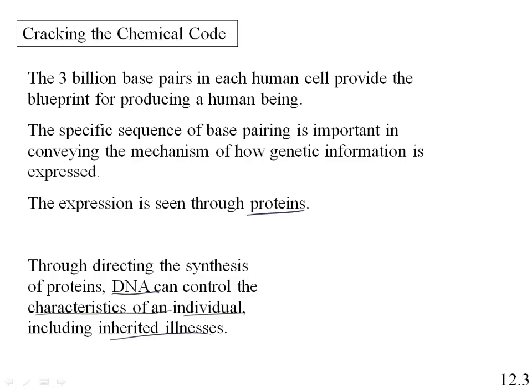Some inherited illnesses would be genetic diseases, maybe like cystic fibrosis or polycystic kidney disease or type 1 diabetes. All of these things are thought of as inherited illnesses through DNA.